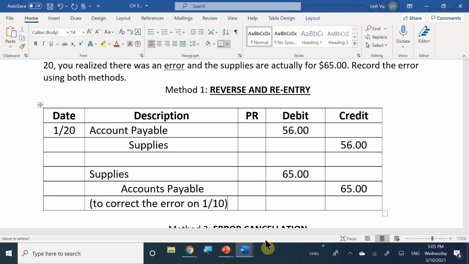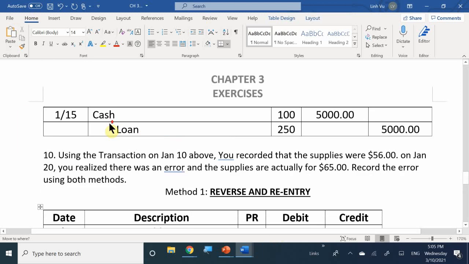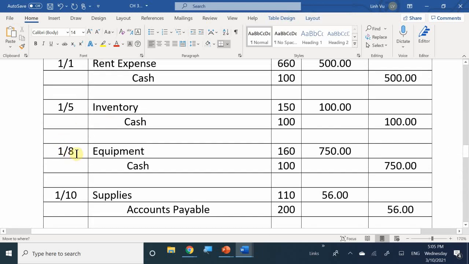We're going to practice doing the descriptions when we go later on into practicing chapter 5 and chapter 6. So in this case, yes, you should make a note for every time you make an error that when you correct it, you notify that you are doing this to correct the error on January 10th, which is the transaction on January 10th right here for the supplies.